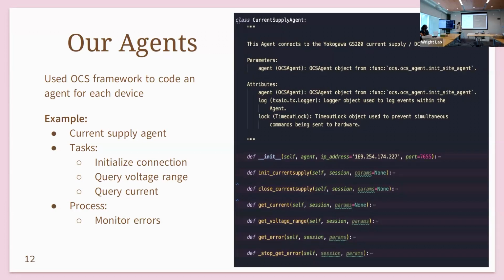You can see that there is an initialize, a get current, and a get voltage range function, and those we have registered as tasks, meaning they execute when called by the client. And then we have one process, which is the function get error, and this is continuously running during the agent's running time.